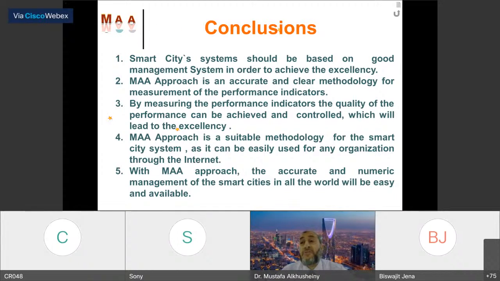Most performance indicators in the world are efficiency, effectiveness, and productivity, while in my approach we are talking about 7 or 8 types of performance indicators, which lead to measuring quality by numbers. By measuring the performance indicators, the quality of the performance can be achieved and controlled, which will lead to excellence.